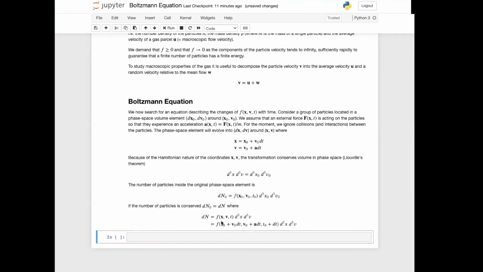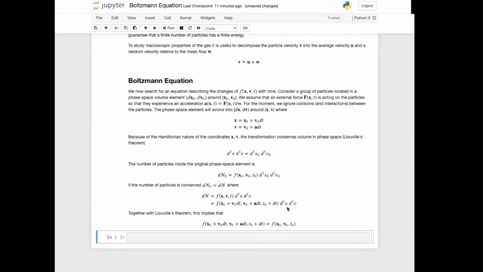We replace now x by x_0 plus v_0 dt, and v also by v_0 plus a dt, and t by t_0 plus dt. And together with Liouville's theorem, meaning that this product d^3x_0 d^3v_0 is equal to d^3x d^3v, then we have that the distribution function in the two positions in phase space is the same.